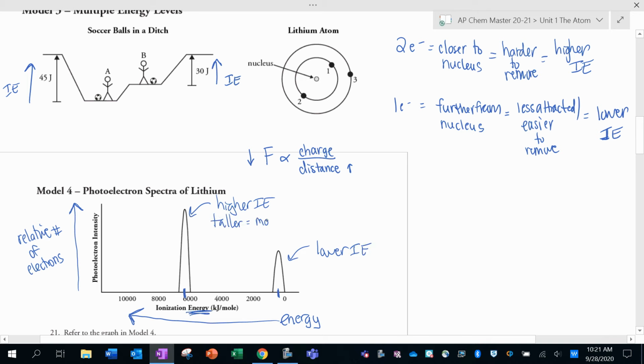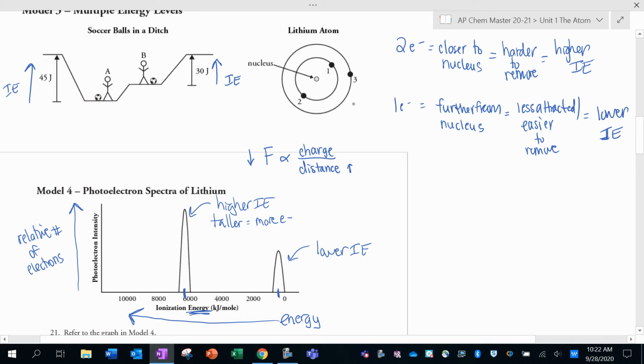The height of it has to do with how many electrons. So there are more electrons at this higher ionization energy peak than over here. And that makes sense. We'd expect this peak to be twice as high as this peak because we've got 2 electrons in this first shell, and we've only got 1 electron in that outer shell.